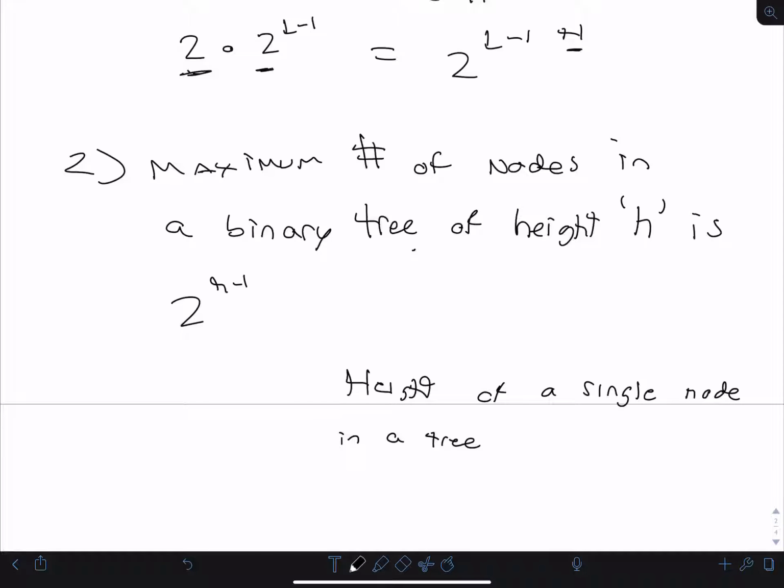The height of a binary tree with a single node is going to be 1.